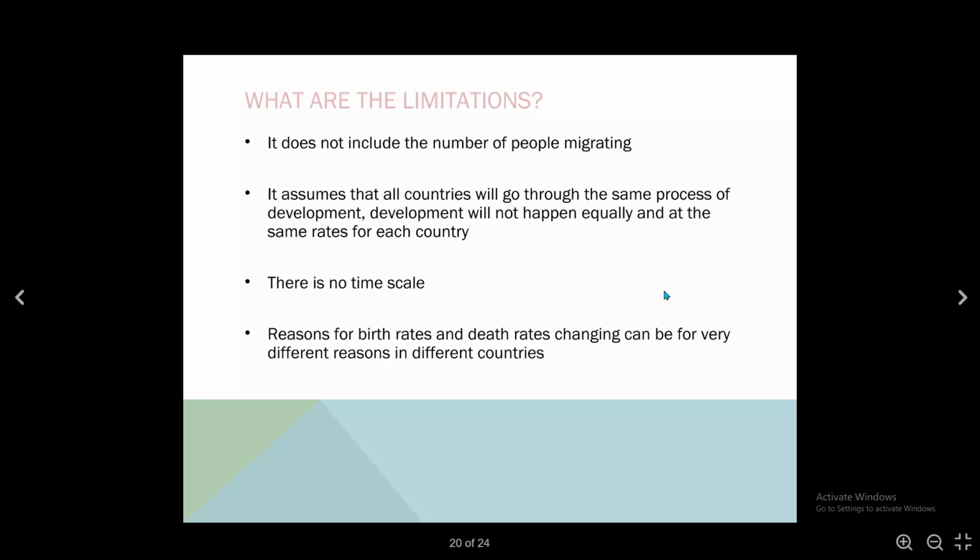They have an old population, but they are not the most developed nation. Why might this be? Well, it could be because of the European Union. The people in that country could move to other countries and work there. Maybe because there's a war there as well. We see a lot of younger people leaving. So it's not taking into account characteristics like that.